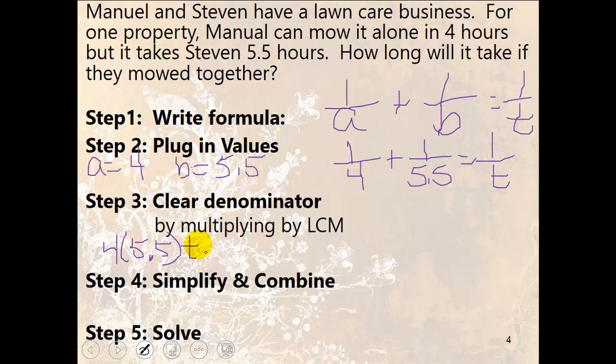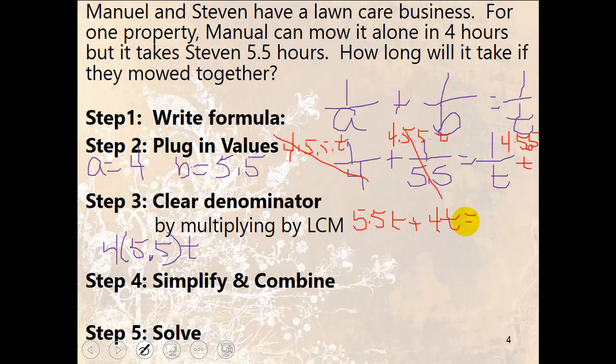And so if we do that for every single term, we would have 4 times 5.5 times T, and then 4 times 5.5 times T, and then 4 times 5.5 times T. We can see that here the 4's cancel, so I get 5.5T. And here the 5.5's cancel, plus 4T. And here the T's cancel, so I get 22.